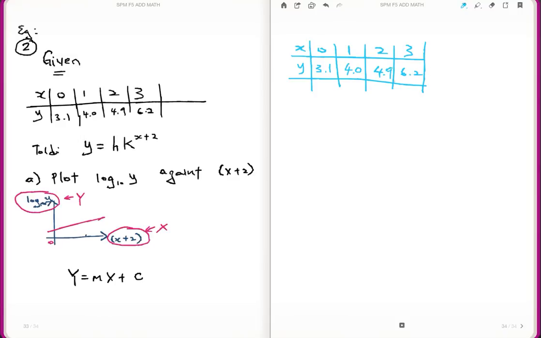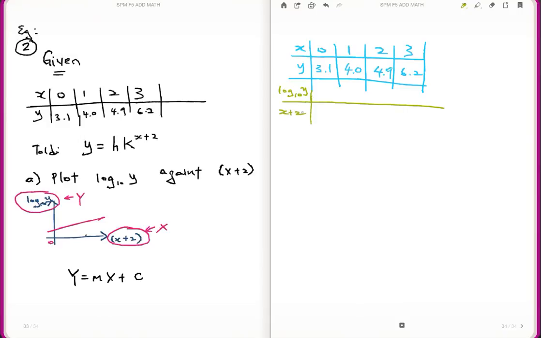and so on. Now, you are asked to plot a graph of log 10 y. You don't have that. What you need to do is make a new row. This new row is called log 10 y. You take log base 10 of y, get this value, and also x plus 2.